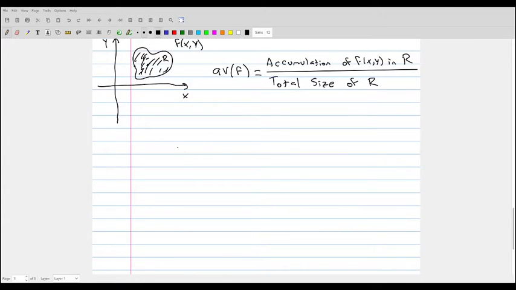Both of which we can actually evaluate, which is very, very nice, using the double integral.